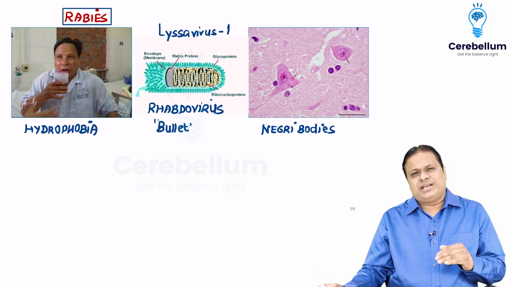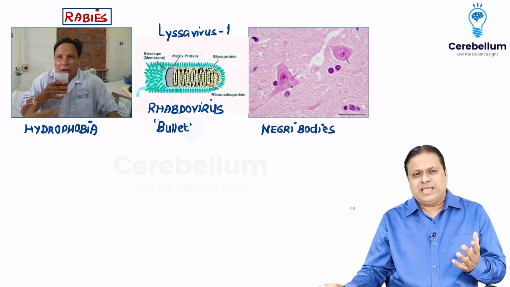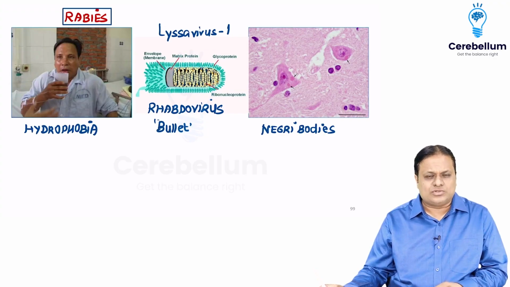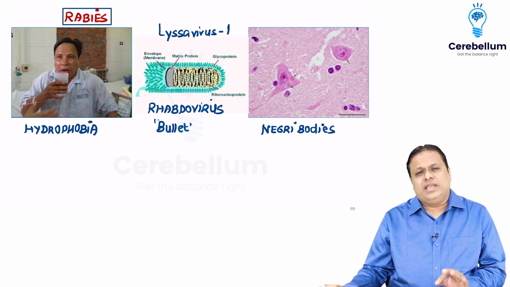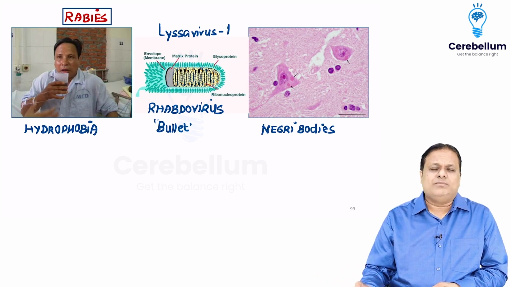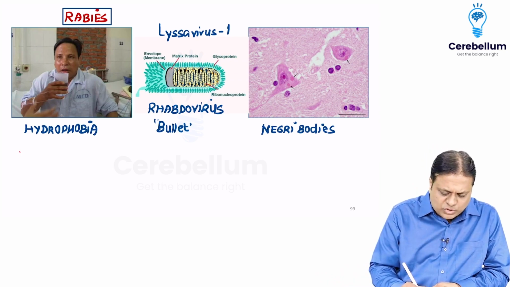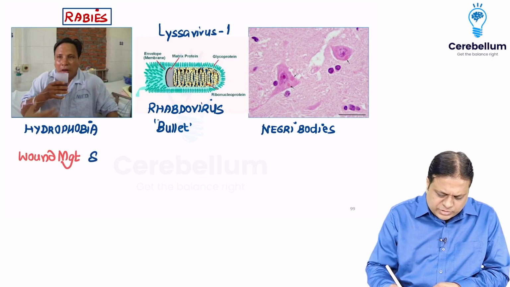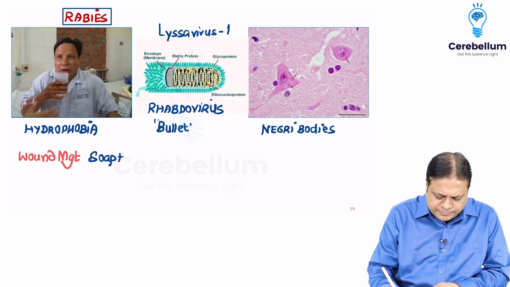Rabies could be transmitted due to the bite of any mammal except man and rat. So dog, cat and other mammal bites, scratches also. If you look at rabies vaccine and immunoglobulin that we have discussed, what we should know is wound management will require soap and water for 15 to 20 minutes.